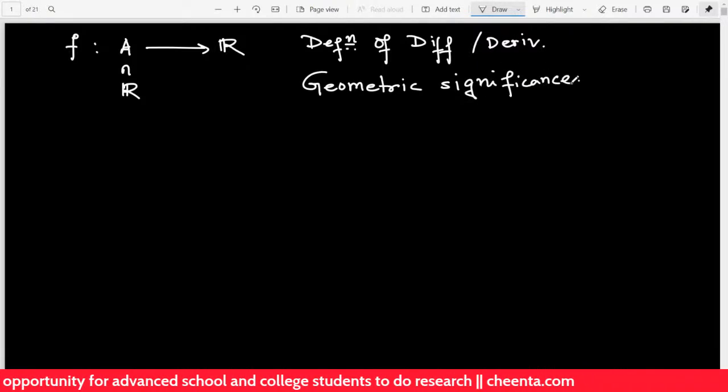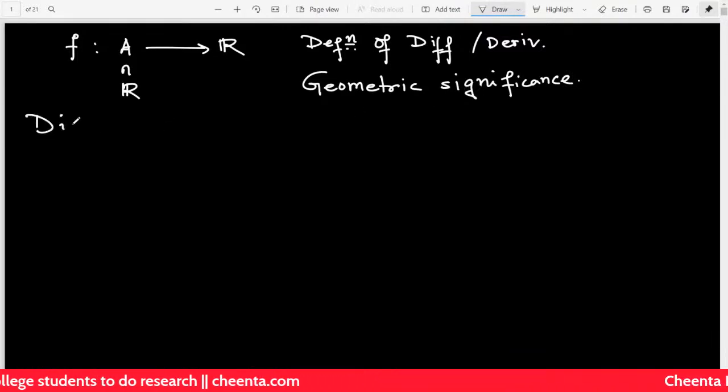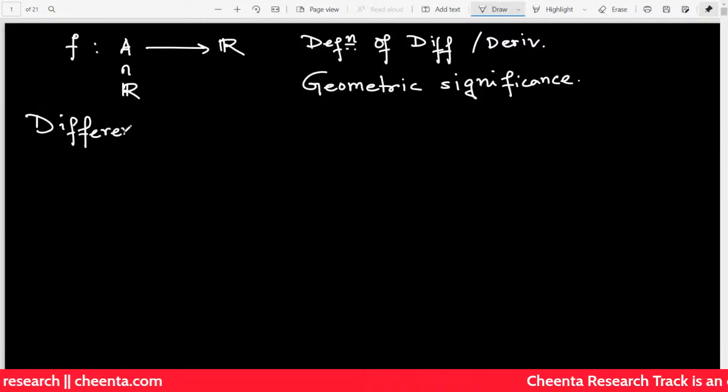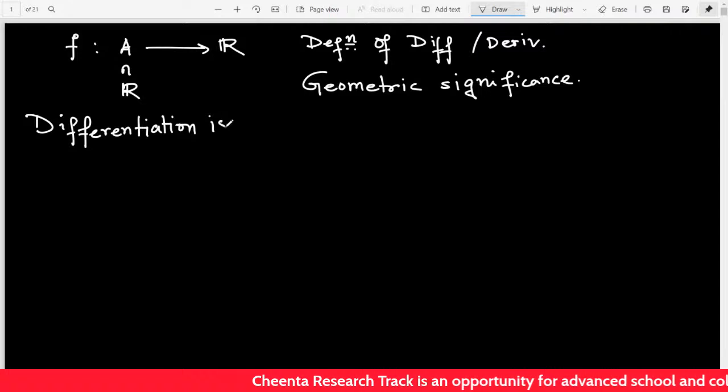Okay, so the first half we are actually going to talk about differentiation in R.